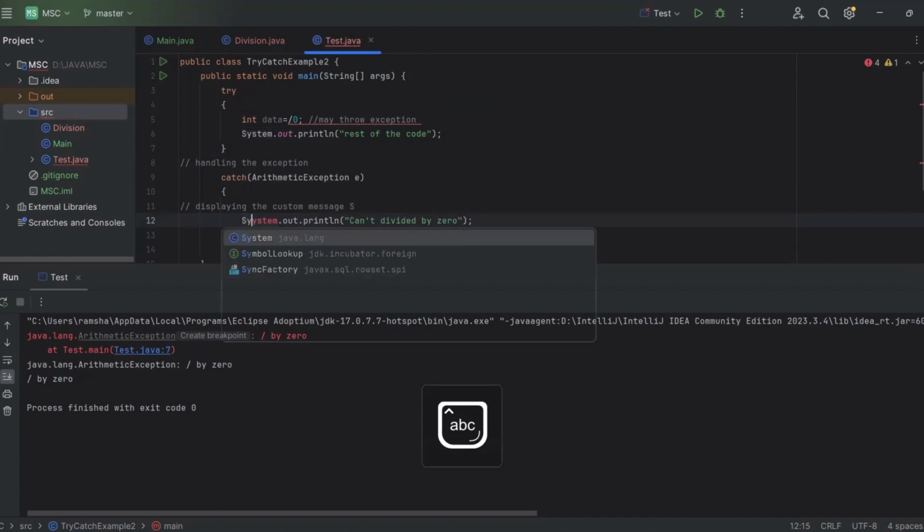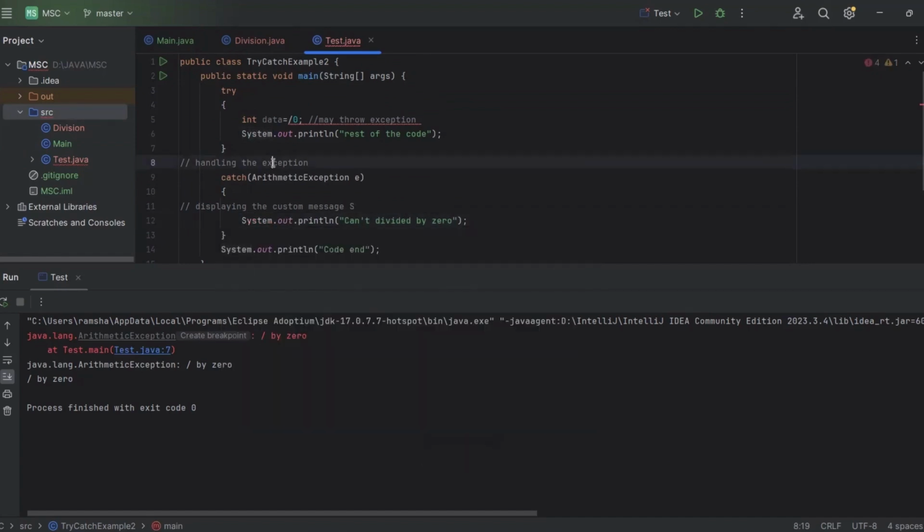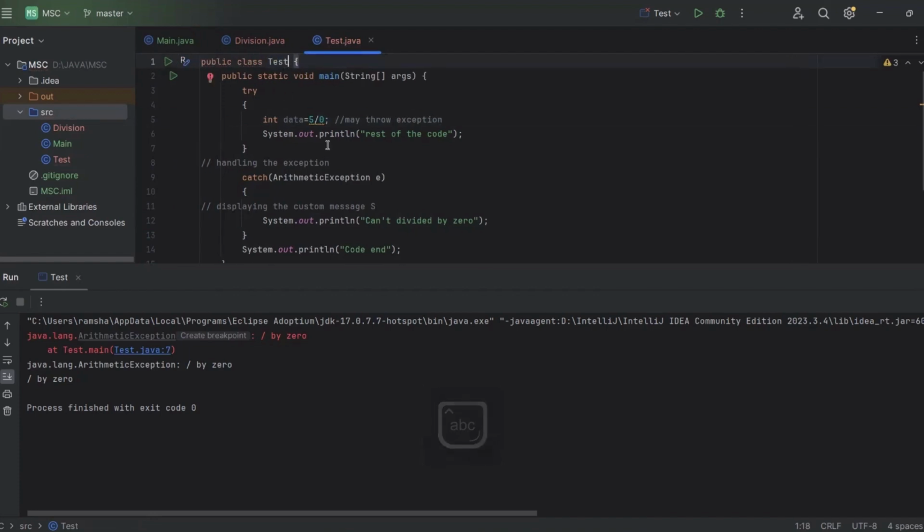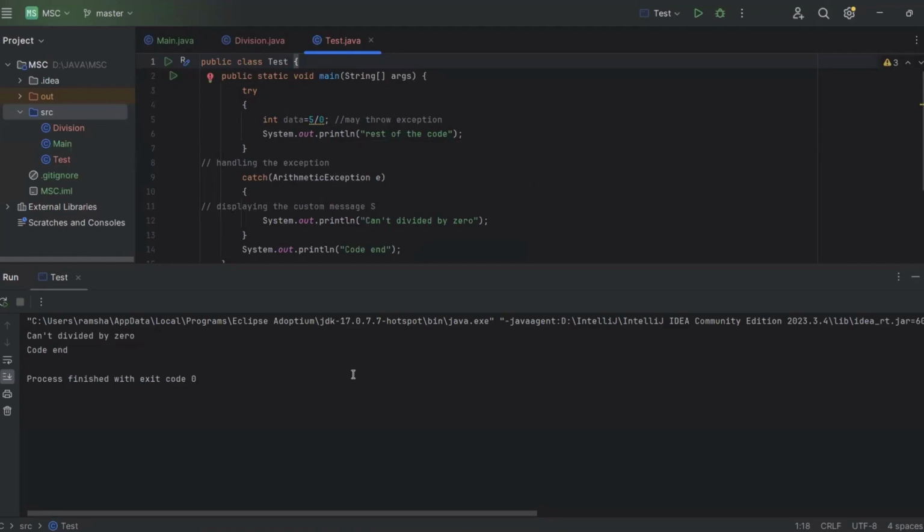There are some issues in this code. Let's fix this. So let's run this. See, the exception was handled successfully. When 50 is divided by 0, you would expect an error message from the compiler saying you have to handle this exception, but you did not get that.